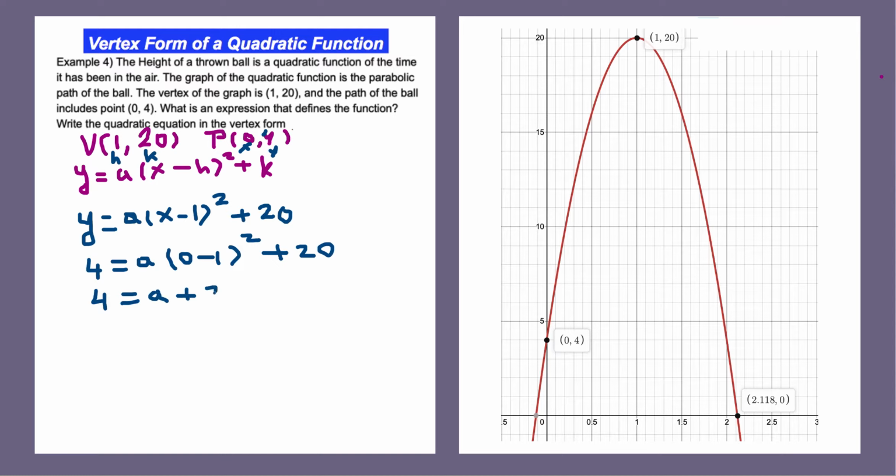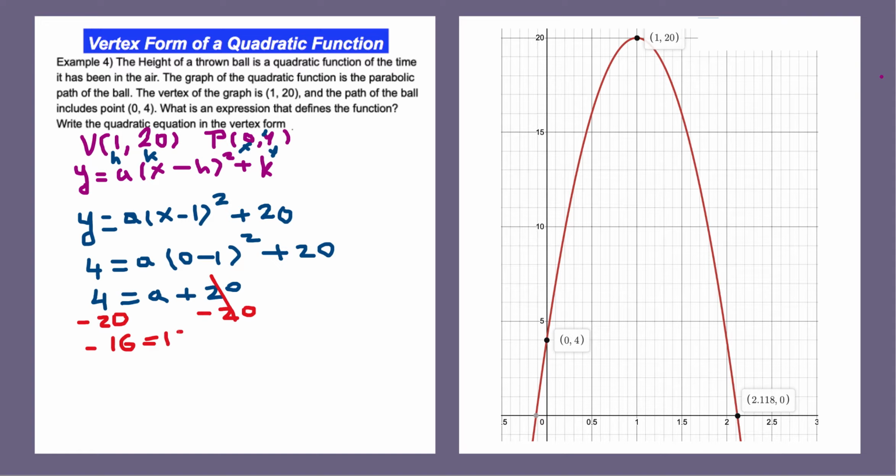And now we subtract 20 from both sides, using the equality property of addition. We add negative 20 to both sides. So this goes away, and 4 minus 20 is minus 16. So a is equal to minus 16.